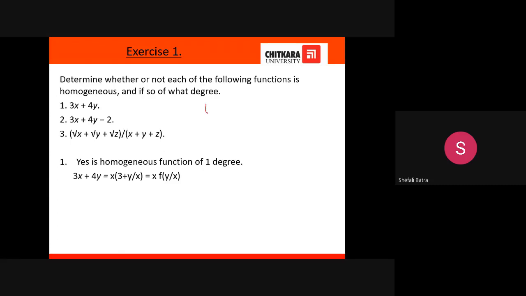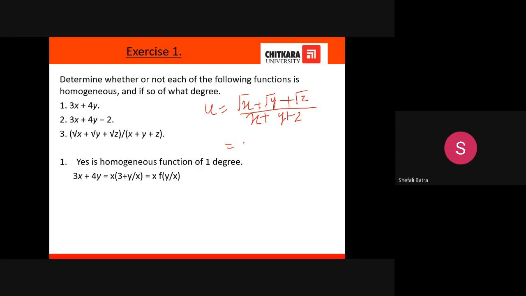So I'm writing like this: u is equal to under root x plus under root y plus under root z upon x plus y plus z. This is in 3 variables x, y and z.